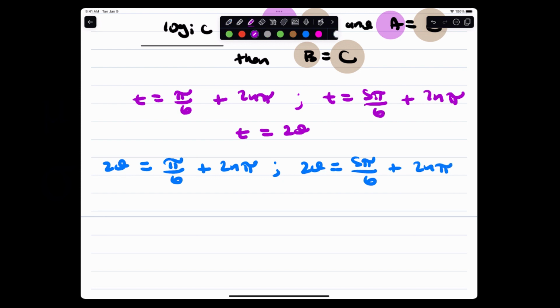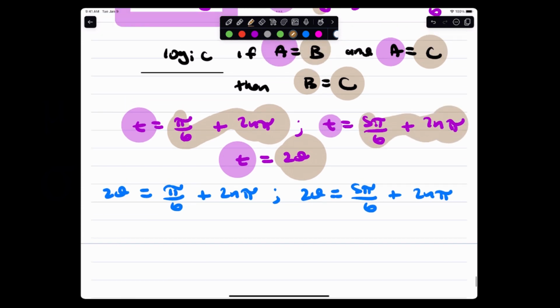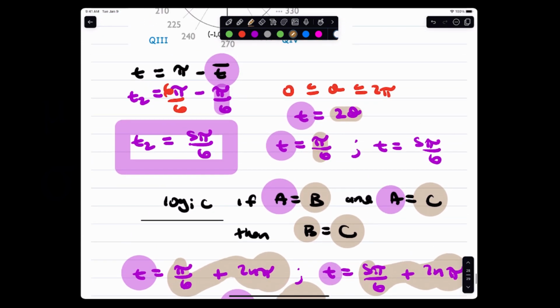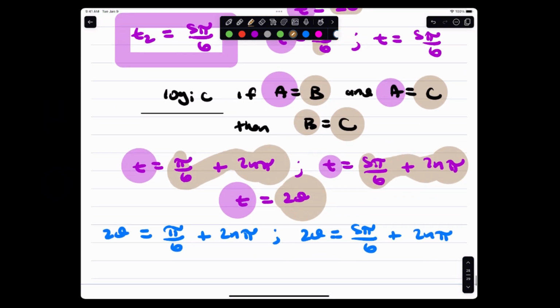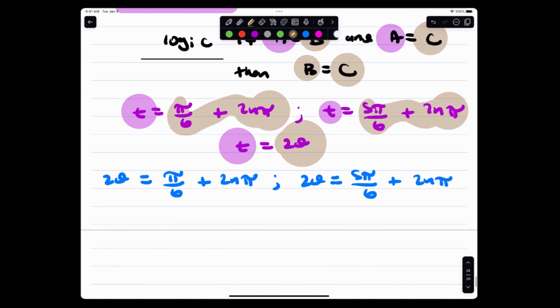So notice here, here's your t. T is here, t is here, t is here. Here's the point. This is where the logic comes in here, ladies and gentlemen, with the colors here. This is my point to you. Get the general solutions here, and then substitute back for t being 2 theta, okay?